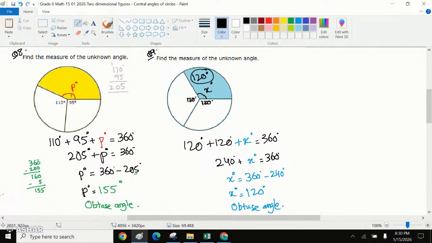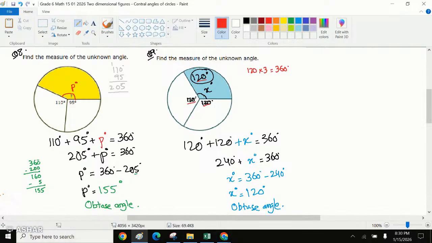When we found the third angle, it's again 120. So that means there were three equal angles, 120, 120, and 120, right? So we can say 120 multiplied by 3 should be 360, right? That means all three angles.